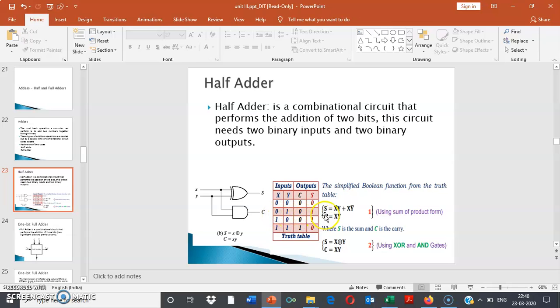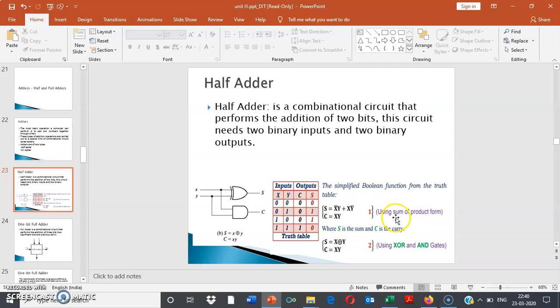So this will be represented as x bar y, because x is 0 and y is 1. You also have sum equal to 1 when x is 1 and y is 0. So this is represented as x y bar, since x is 1 and y is 0.